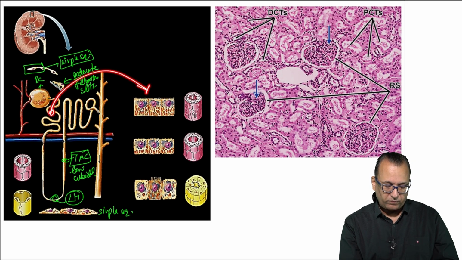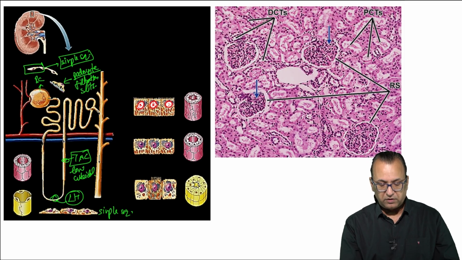So what is the PCT lined by? PCT is lined by cuboidal cells, with height equal to breadth. There is a central spherical nucleus, though it is pushed toward the surface a little because a lot of mitochondria are there in the PCT. It is cuboidal epithelium with irregular, tall microvilli, which is what we call the brush border.